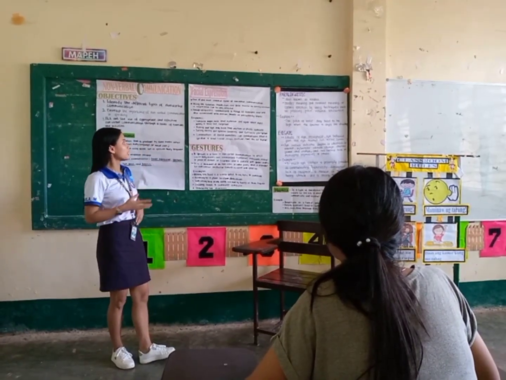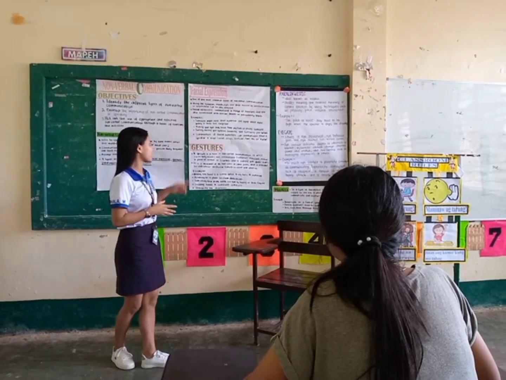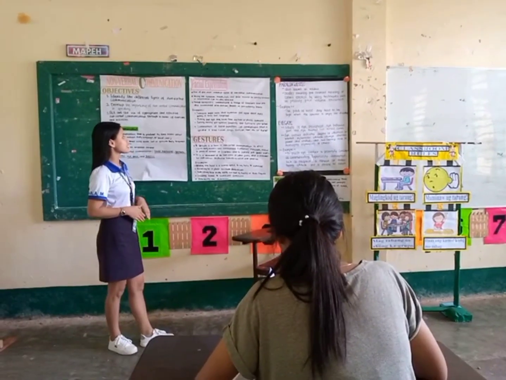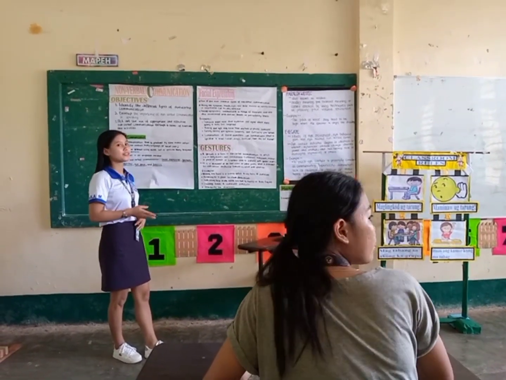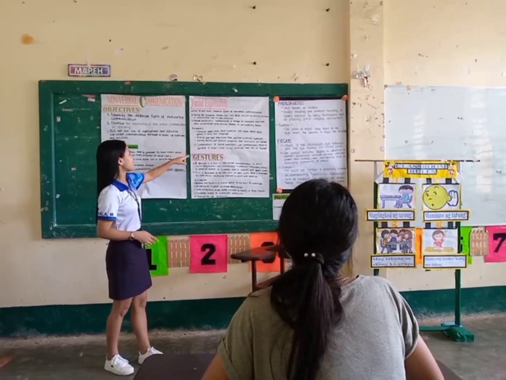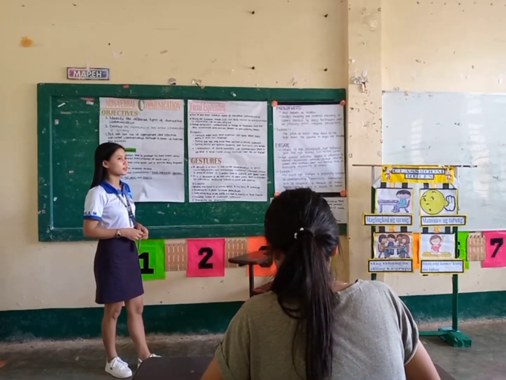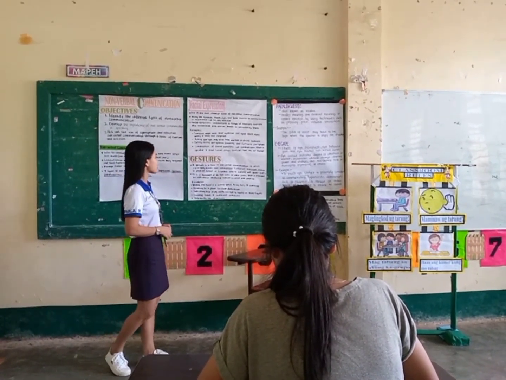Another one is rolling your eyes, which means that you hate or dislike someone. Other examples are smiling, raising your eyebrows, frowning, and furrowing your brows.